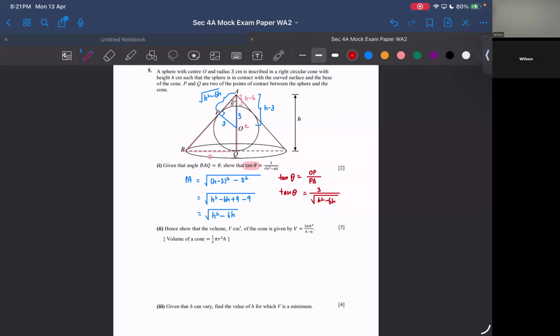Over here you have your tangent, right? Sorry, this one over here is a tangent, and this is also equal to this one over here, correct? So you can use this information to find out what the radius is.